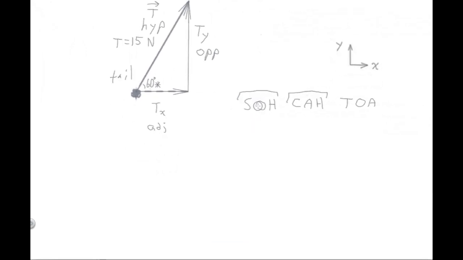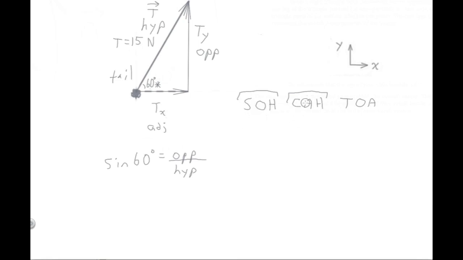So this memory aid SO means that the sine of the angle that we're focusing on equals the length of the opposite side divided by the length of the hypotenuse. Sine equals opposite over hypotenuse.